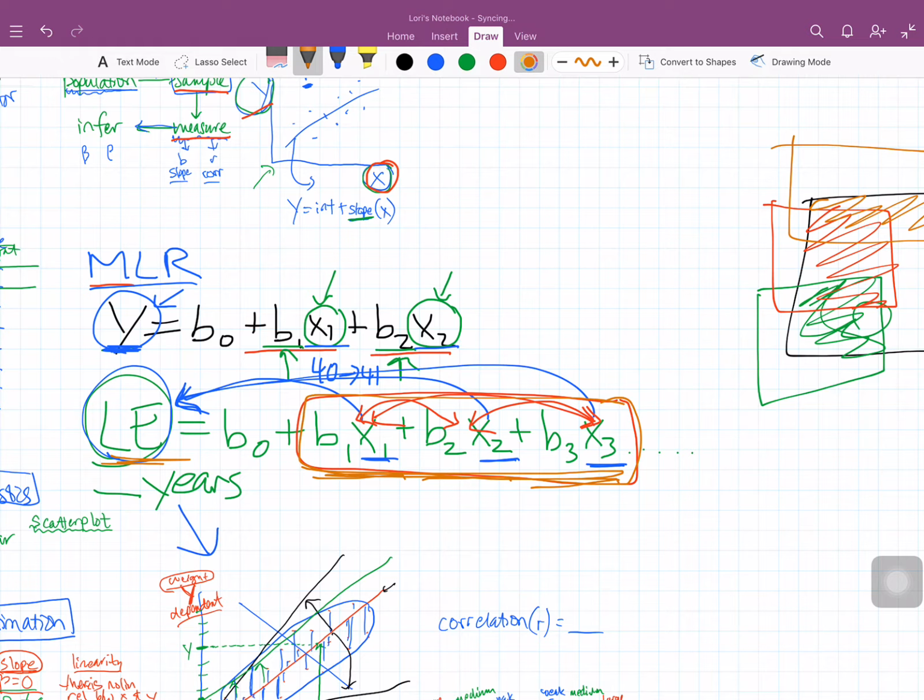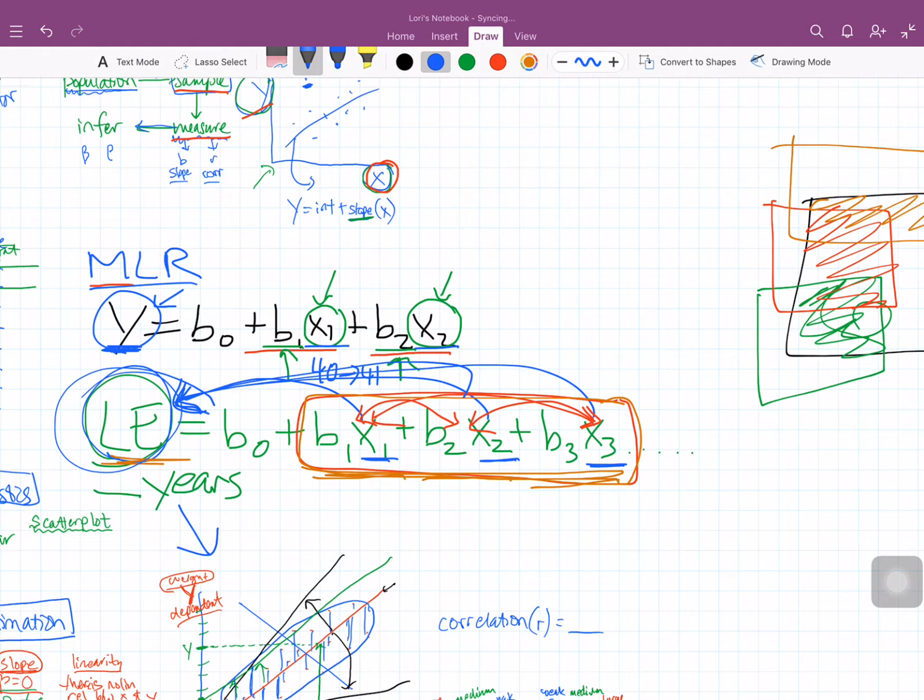And so collectively, all together, as they're impacting each other, what is that collective impact on whatever we're calling our outcome variable? It could be your life expectancy in years. It could be all different kinds of things. So that is the main idea with multiple linear regression.